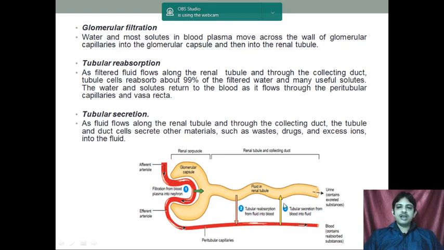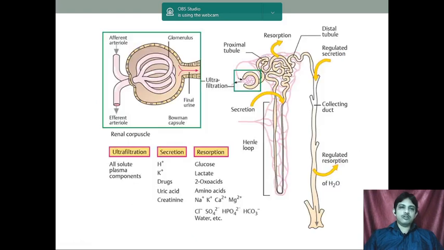So whatever drug metabolites, waste products, or excess ions are there go from the circulation into the nephron, and are excreted as a part of the urine. This is the process of normal urine formation, or renal physiology.